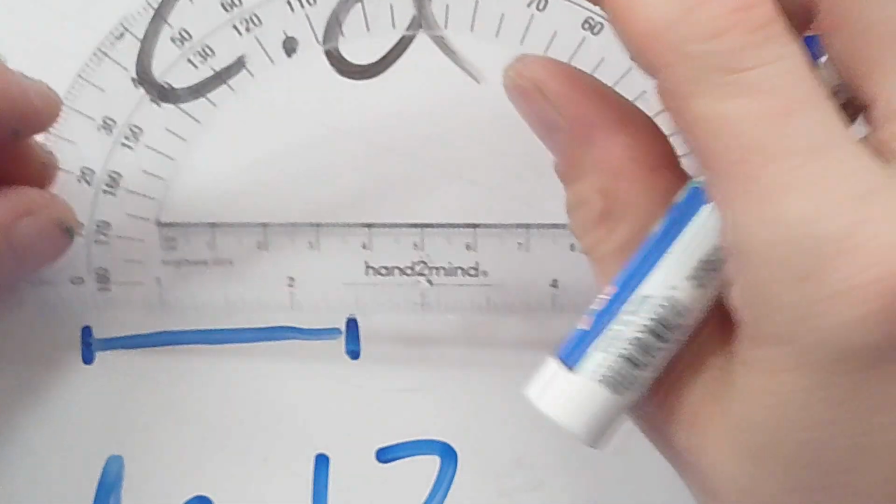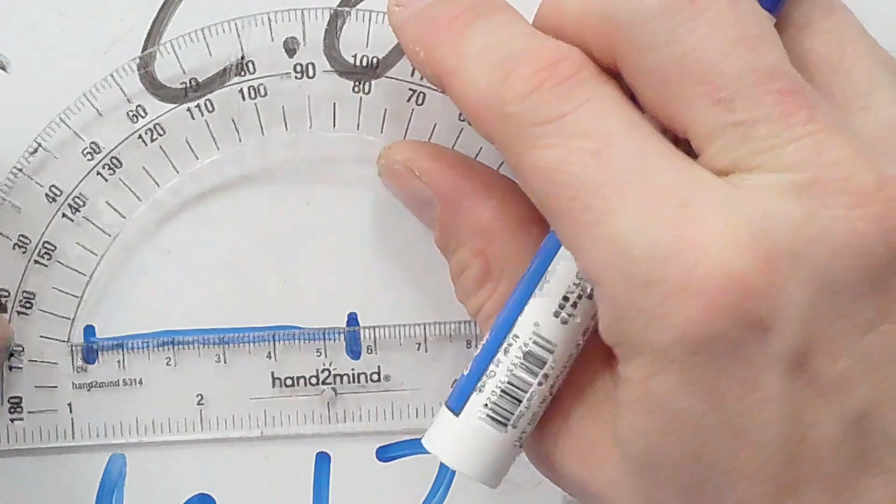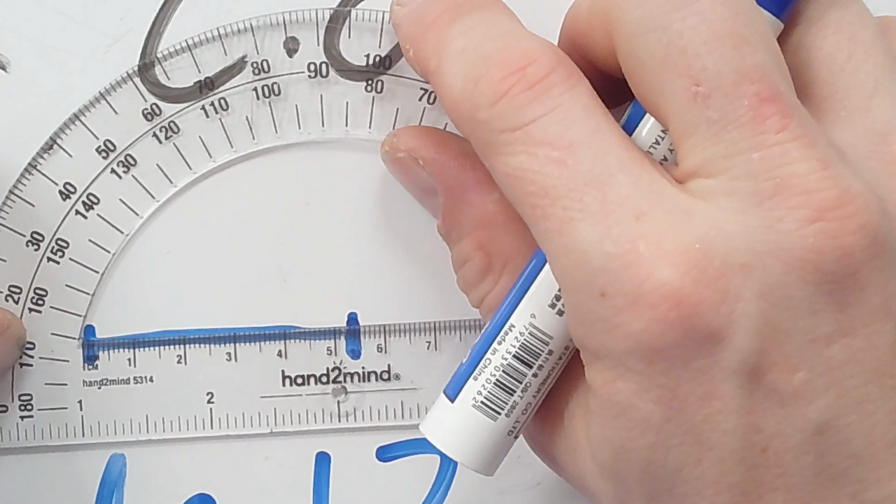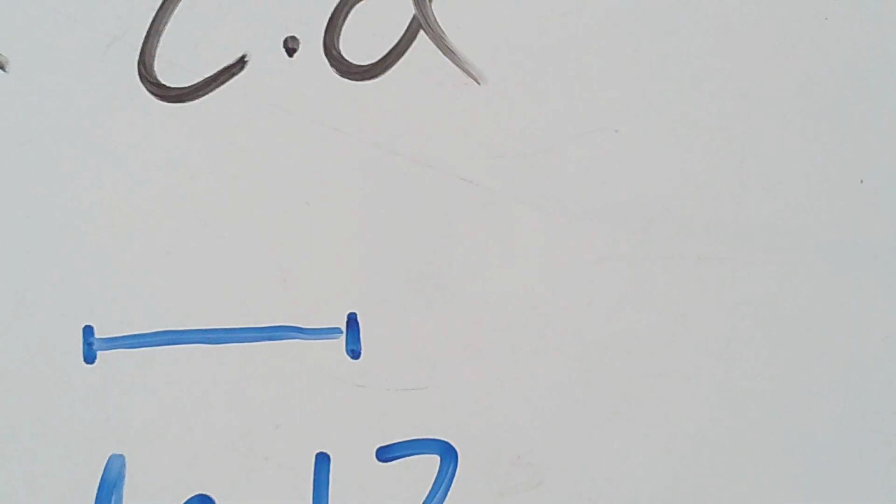That's the diameter. All right, the diameter was approximately 1.7, and let's measure the circumference. The circumference from center to center is about 5.4.